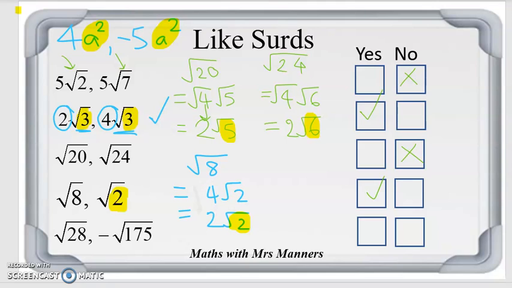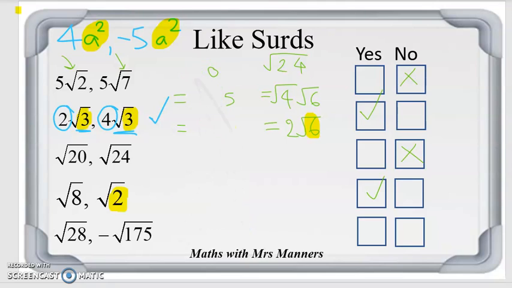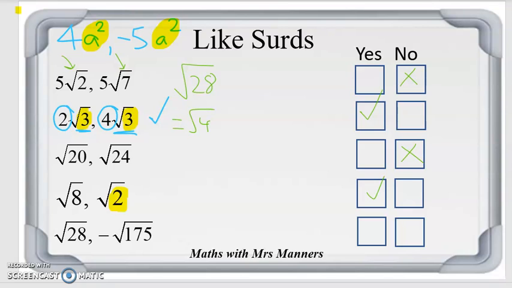I might need a bit of space for my last example. We've got root 28 and minus root 175. Let's write that down. Root 28, I can break 28 into 4 times 7. I'll put the square number first, and root 4 reduces to 2, so we get 2 root 7. Now I'll have a look at minus root 175.